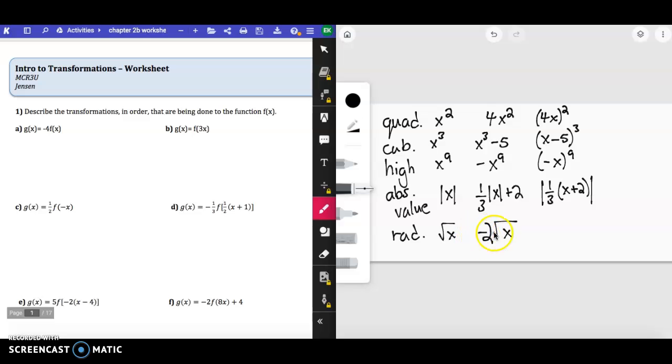So that's a reflection and a vertical stretch. Inside, it would look like this, negative 2x. Okay, this would be a vertical stretch by 2 and a reflection over your x-axis because it's a vertical flip. And then inside it would be a reflection over your y-axis, which is a horizontal flip, and then a horizontal shrink by 1/2. Okay, so that's quadratic, cubic, higher polynomial, absolute value, and radical.